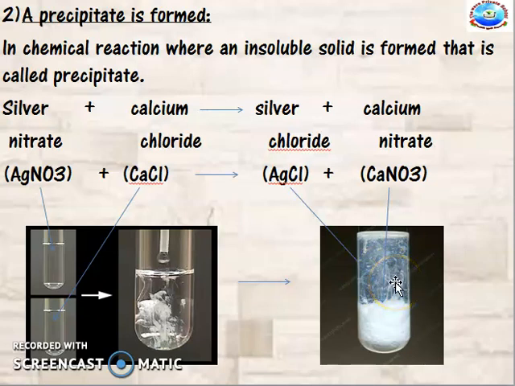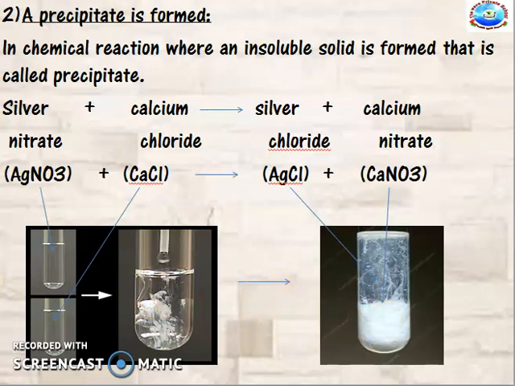There is the formation of silver chloride and calcium nitrate. Silver nitrate reacts with calcium chloride, which shows the precipitate formation of silver chloride and calcium nitrate. Isn't it so interesting? When two liquids are mixed together, there is the formation of a precipitate.